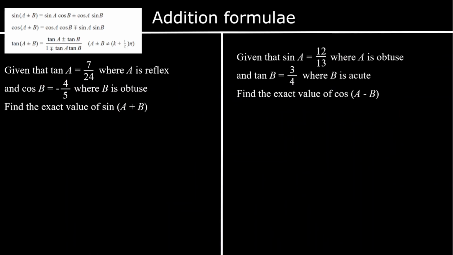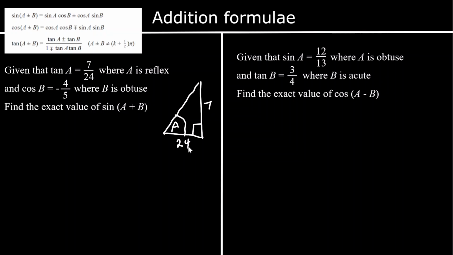And another question, given that tan A is 7/24, where A is reflex, and cos B is negative 4/5, where B is obtuse, find the exact value of sine(A plus B). So because we've got tan A is 7/24, I can draw a right angle triangle, mark an angle as A, and tan is TOA, which is opposite over adjacent.